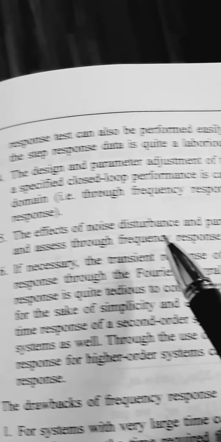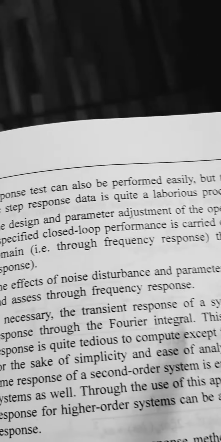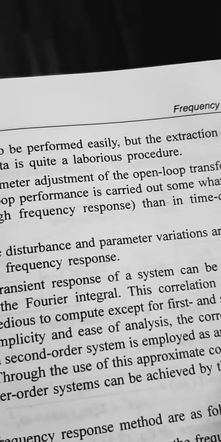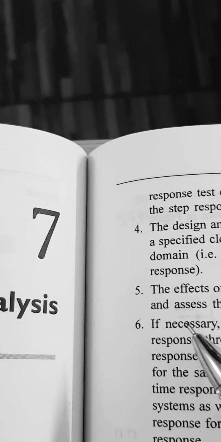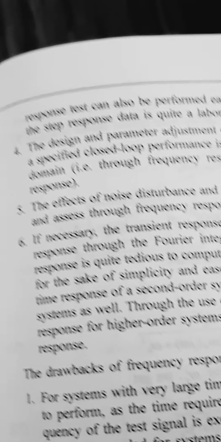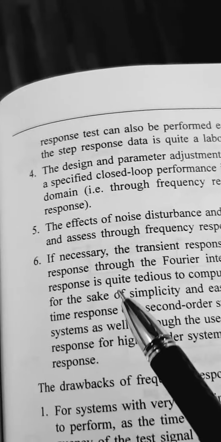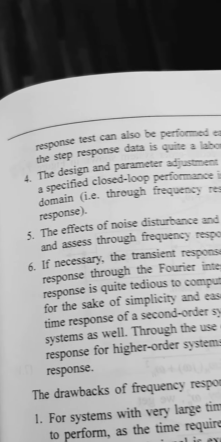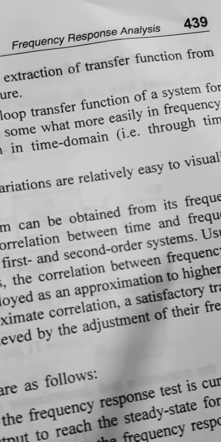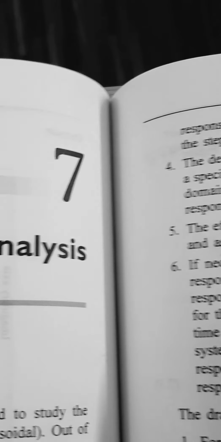The effects of noise, disturbance and parameter variations are relatively easy to visualize and assess through frequency response. If necessary, the transient response of the system can be obtained from its frequency response through the Fourier integral.